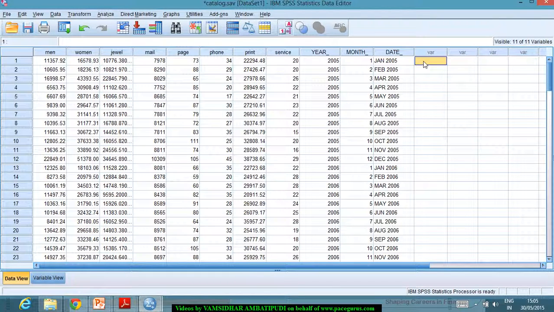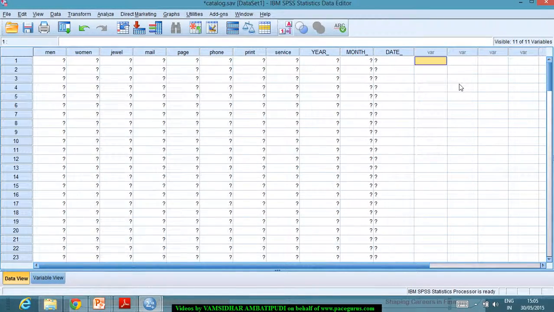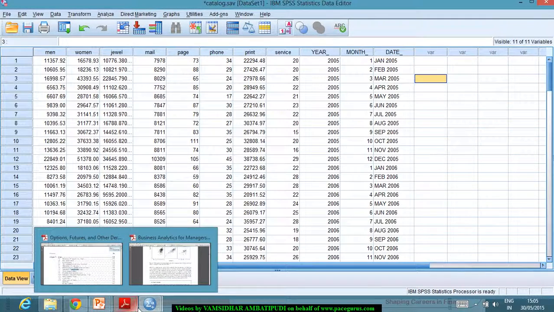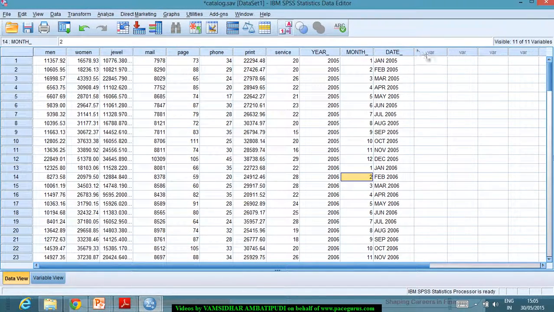If I put a simple serial number, I'll copy it from a spreadsheet.